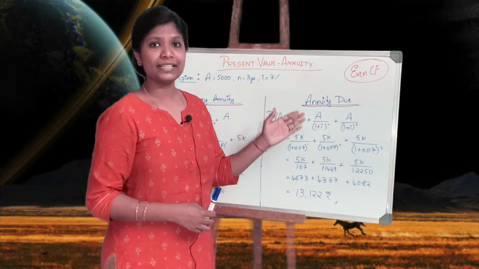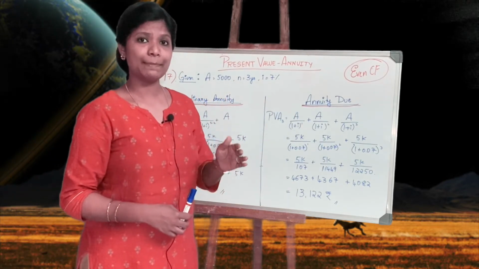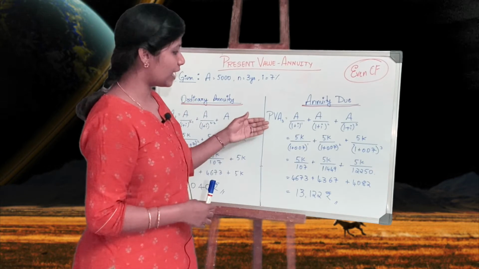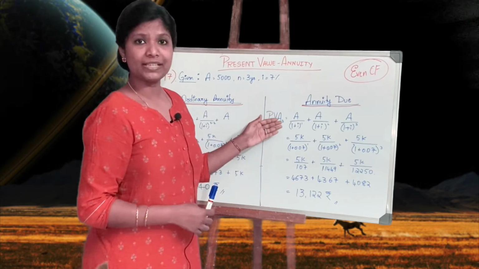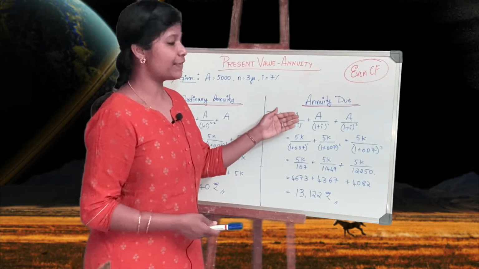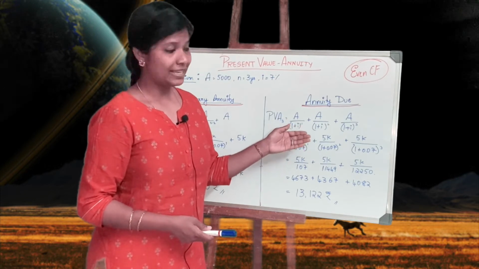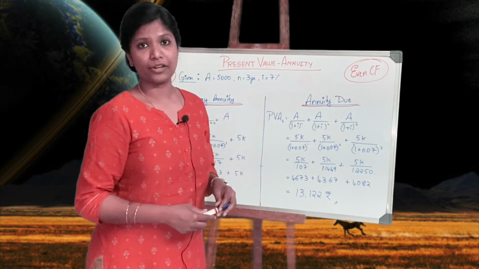The second part is annuity due, where the payments are made at the beginning of time period. The formula is A divided by 1 plus I to the power of 1, A divided by 1 plus I to the power of 2 and A divided by 1 plus I to the power of 3.